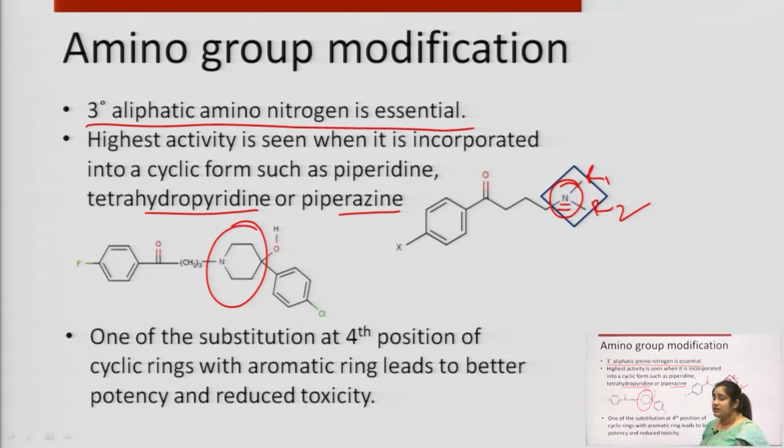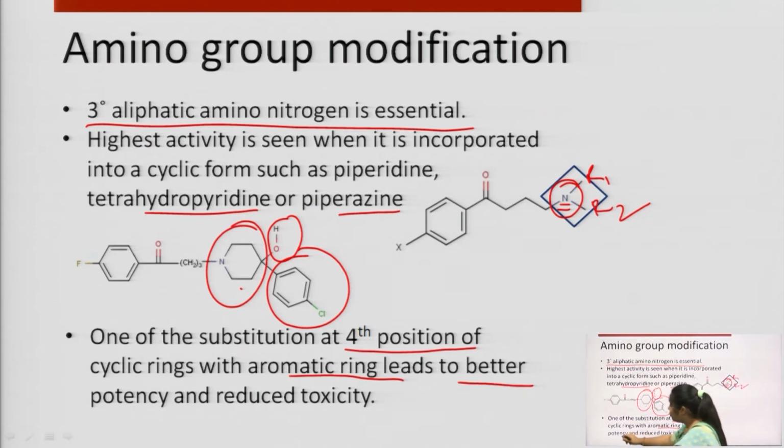Further, one of the substituents at position number 4 of these cyclic rings, if we produce any substituent at this position and specifically with the aromatic ring, that will also increase the potency and also give another benefit of reducing toxicity.